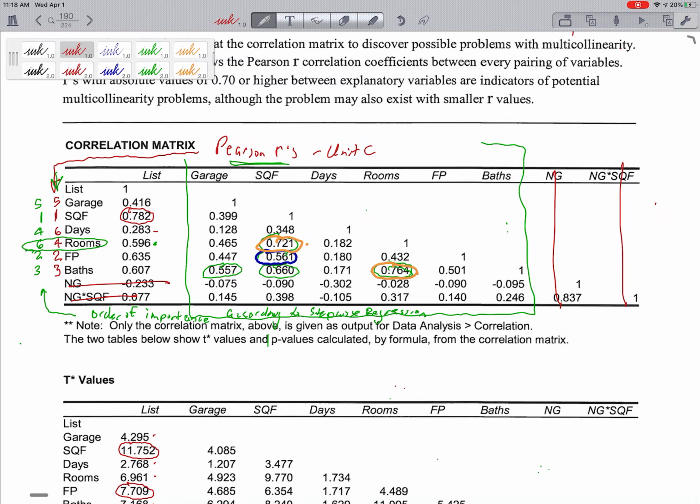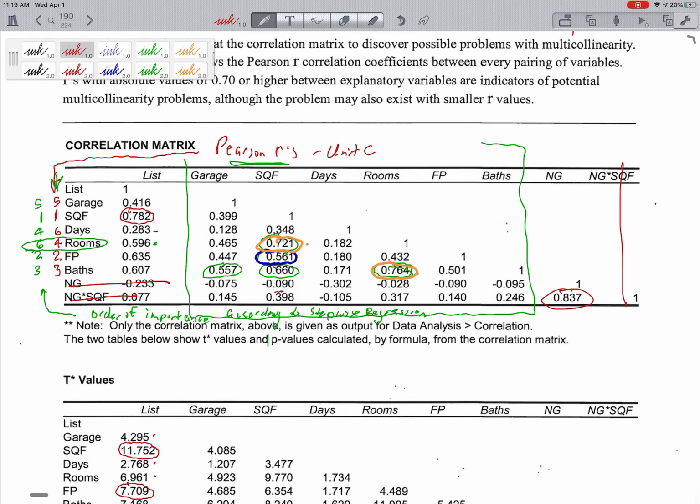Now remember when we first looked at this, we didn't look at the NG and the SQF lines, but take a look at what we've got here. We've got a very high correlation between NG and SQF, and NG and NG SQF, very high correlation, which is what we would expect for a dummy variable with the slope shifter.